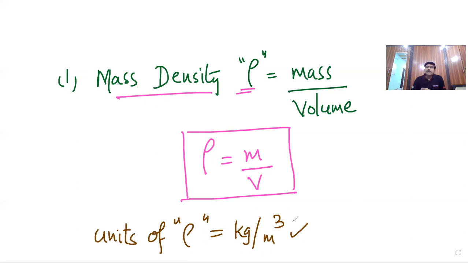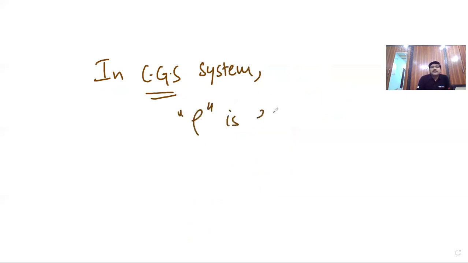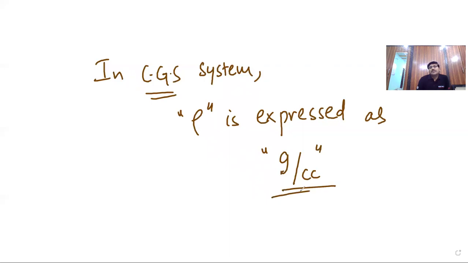But this kg per meter cube is a very large quantity. In chemistry, we make use of very small quantities. Hence, we frequently use CGS units. In the CGS unit system, rho is expressed as gram per cc, gram per centimeter cube.